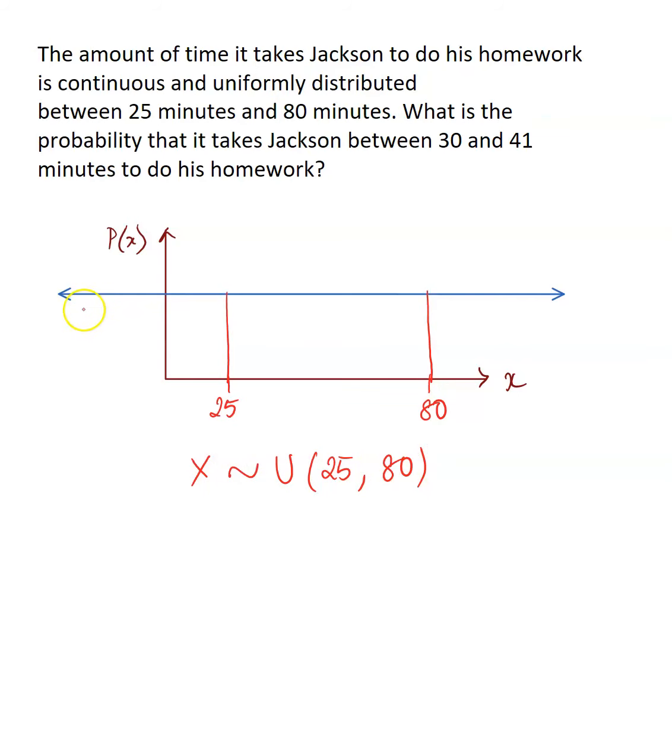So correspondingly here, 1 over b minus a will be 1 over 80 minus 25, which is 1 over 55. So your height here is 1 over 55. You got that? Now within this rectangle, we need to measure what the probability is for Jackson to do his homework between 30 and 41 minutes. Say 30 is here and probably 41 is here.